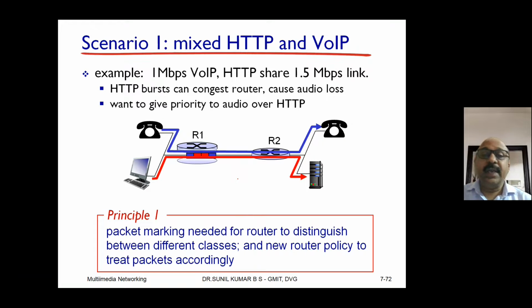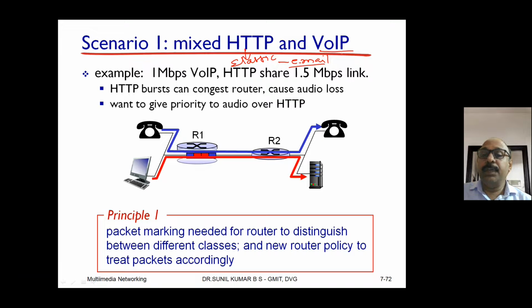It expects reliable communication, but it is not sensitive to delay. It is called elastic in nature. Elastic means even delay is acceptable. If you send an email today, it is a text communication, and it may reach a little late also, no problem, but the only thing we expect is 100% reliability.